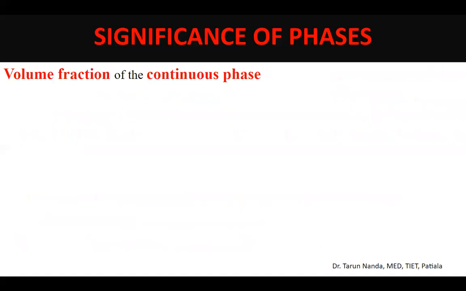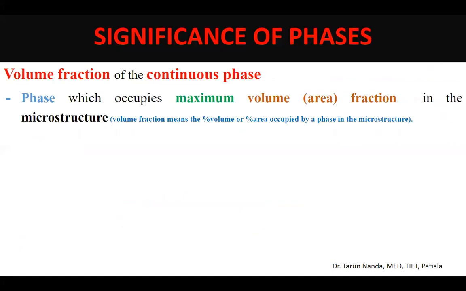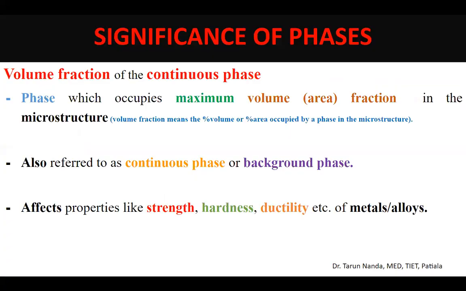Okay, so this I've already explained, that the phase which occupies maximum area or volume fraction in a material system's microstructure is called its primary phase, background phase, or continuous phase. Now, this also has been found after a lot of research that though every phase present in the material system's microstructure would affect every one of its mechanical properties, there's a slight difference.